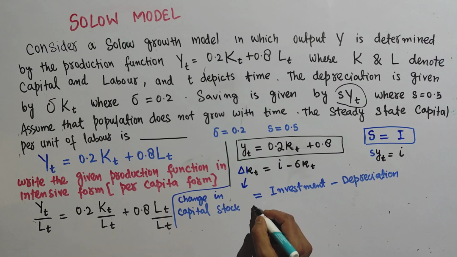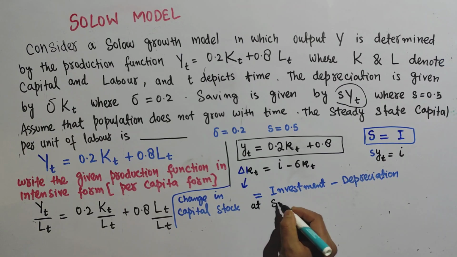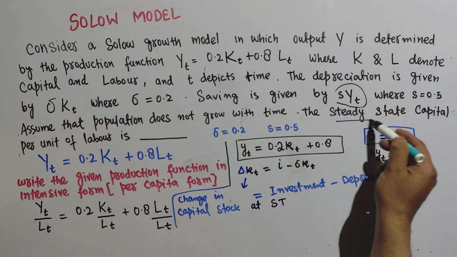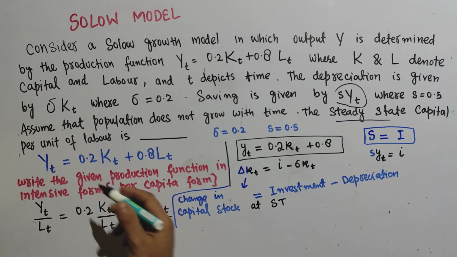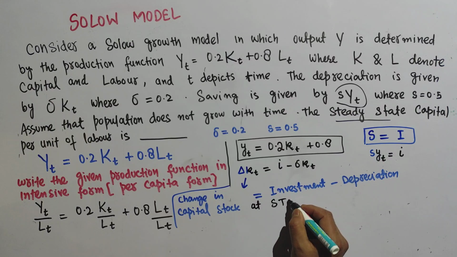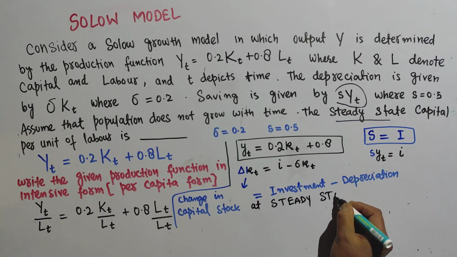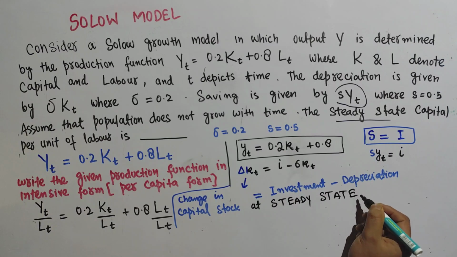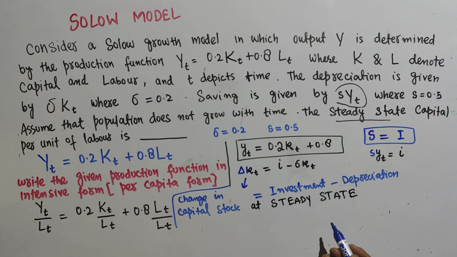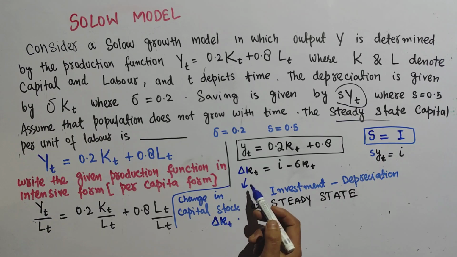Now, since we have to find the steady state capital per unit of labor, what happens at steady state? At steady state, delta k_t, that means the change in capital stock, is equal to 0.